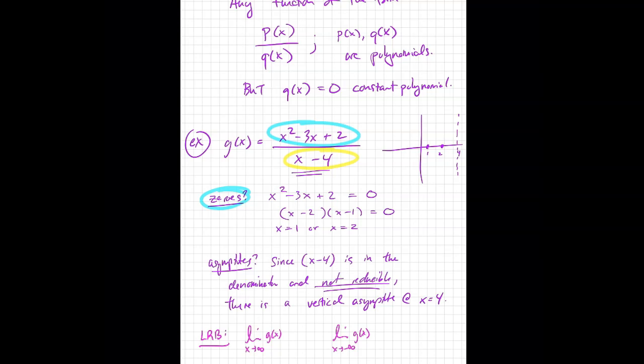Well, let's pull this over to the next page. Well, our function is x squared minus 3x plus 2, not switching it up on you, over x minus 4. So the limit of this function is going to be dictated by the ratio of the leading terms.